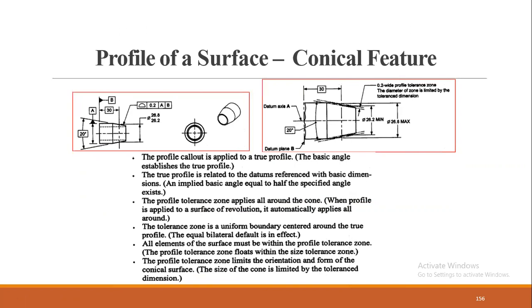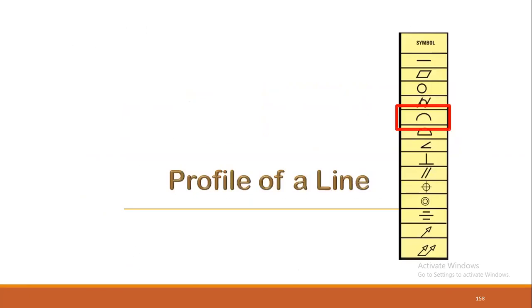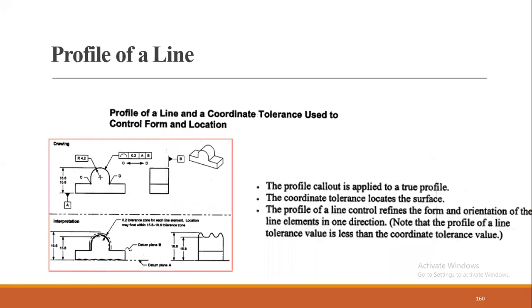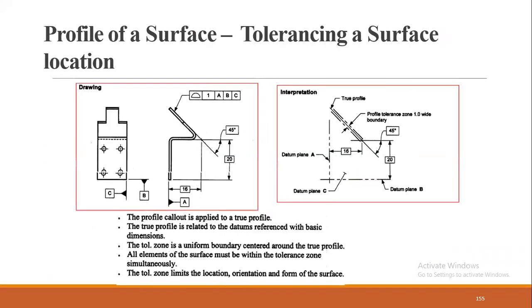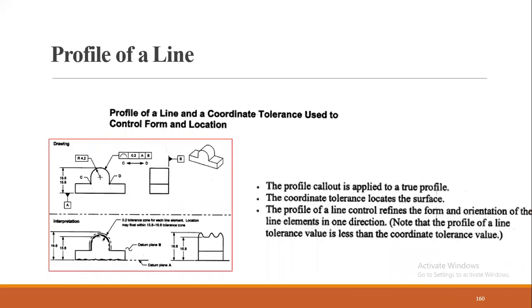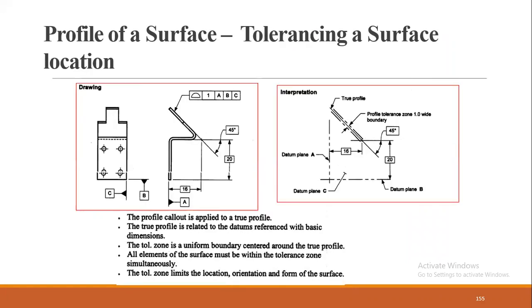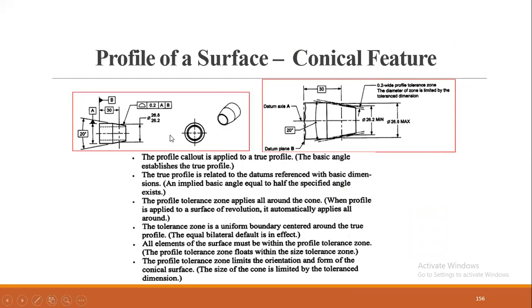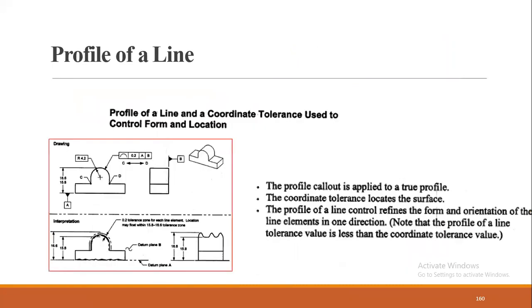Then profile of a surface and profile of a line. Profile of a line is mostly used for 2D, and profile of a surface is used for 3D surfaces. In X and Y, here we require two datums, and for a surface we require three datums: A, B, C. Two datums means two references.